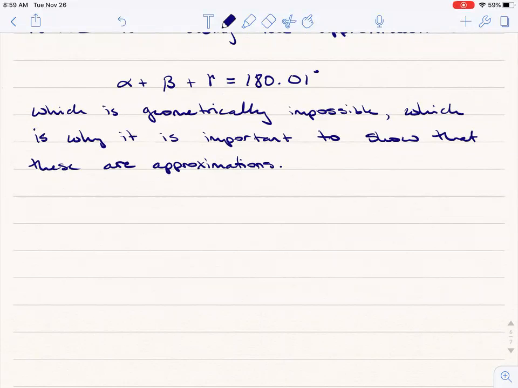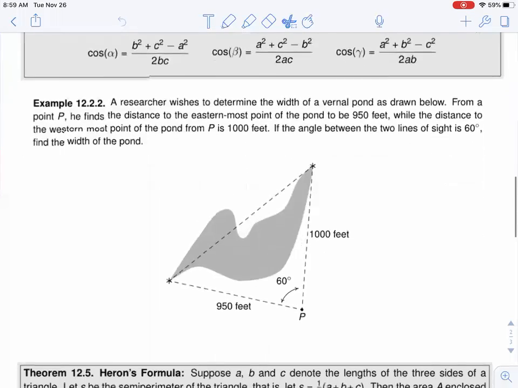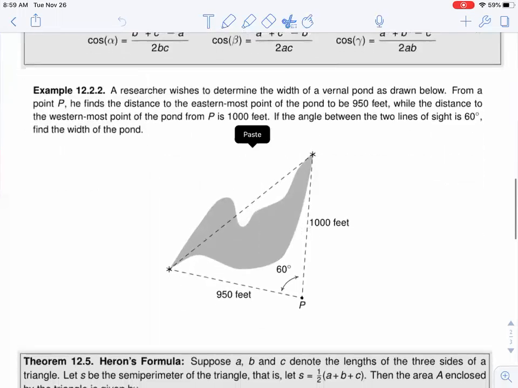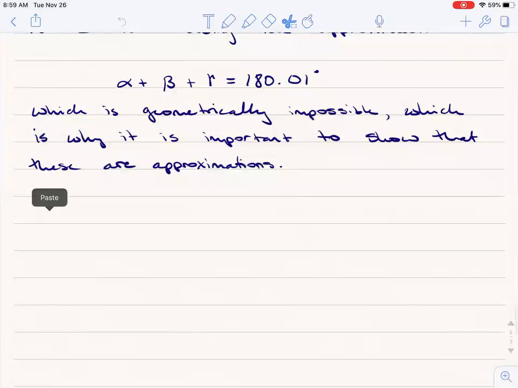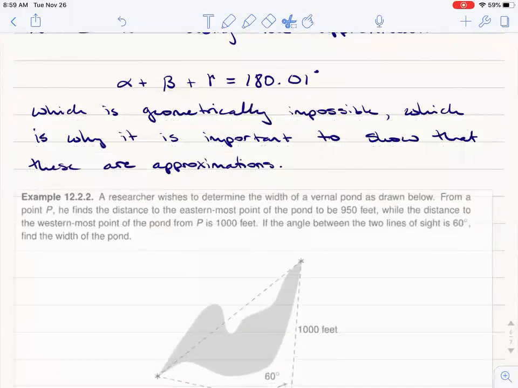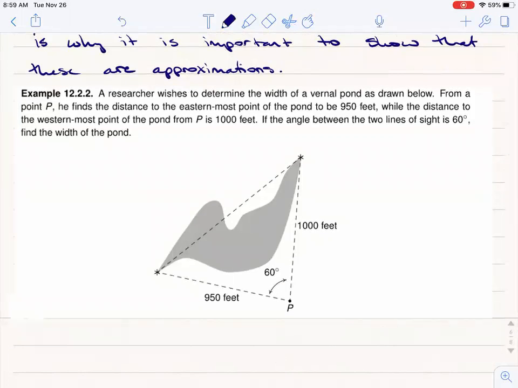So let's do example 12.2.2, which is on your handout. It looks like a big problem, but it's actually not. So we've got this problem. A researcher wishes to determine the width of a vernal pond as drawn below.